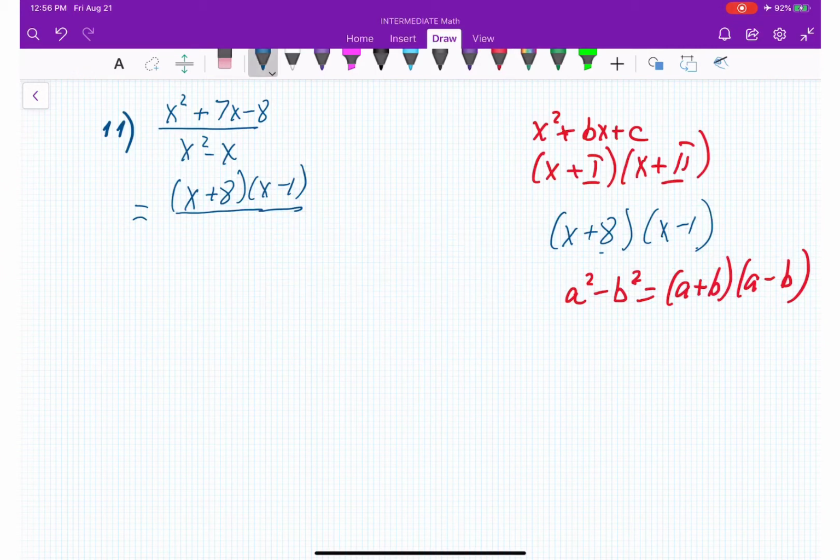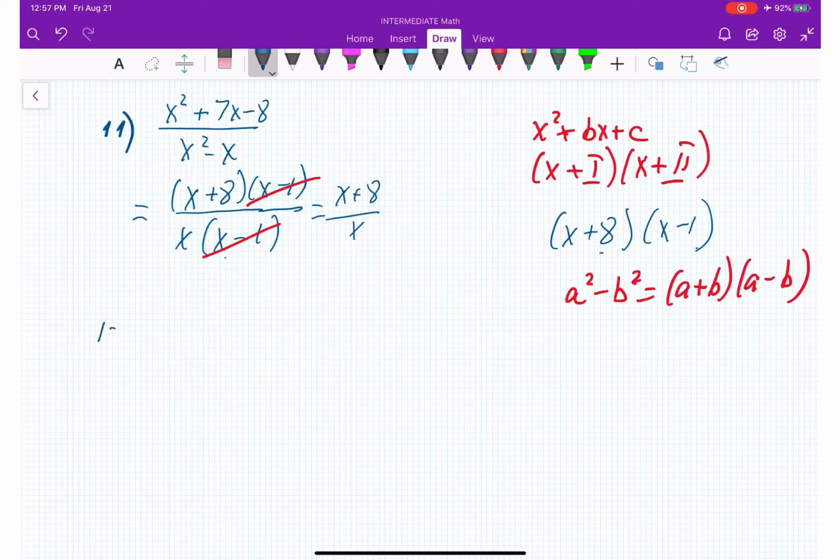So all we can do is take a common factor. If I take common factor x, I will have x minus 1: x squared divided by x will be x, and x divided by x will be 1. Next thing we can do, cancel. So the answer is going to be x plus 8 over x.